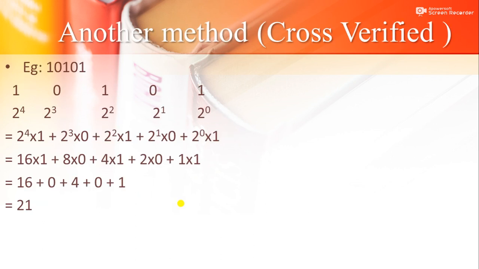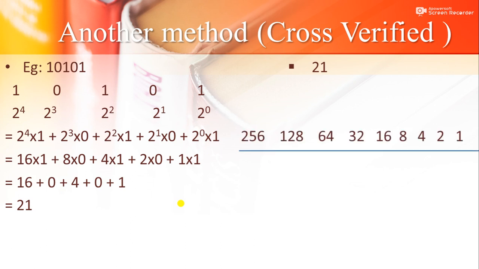Now another method to cross verify. Over here, the same example: 21 is converted into a binary number. So let's see. 21, same 1, 2, 4, 8, 16, 32, 64, 128 and 256.